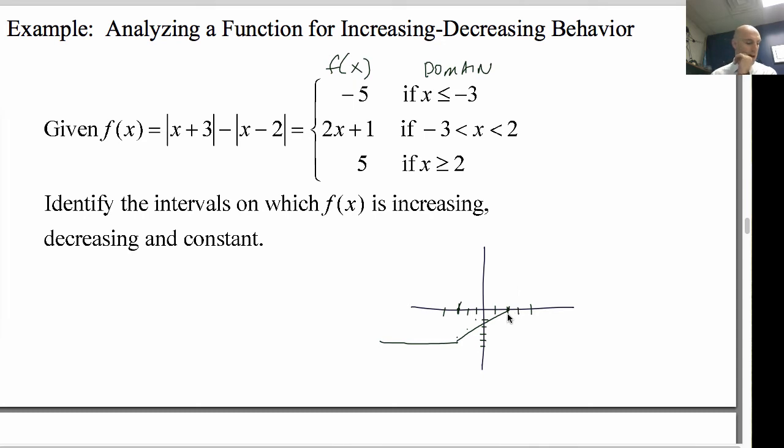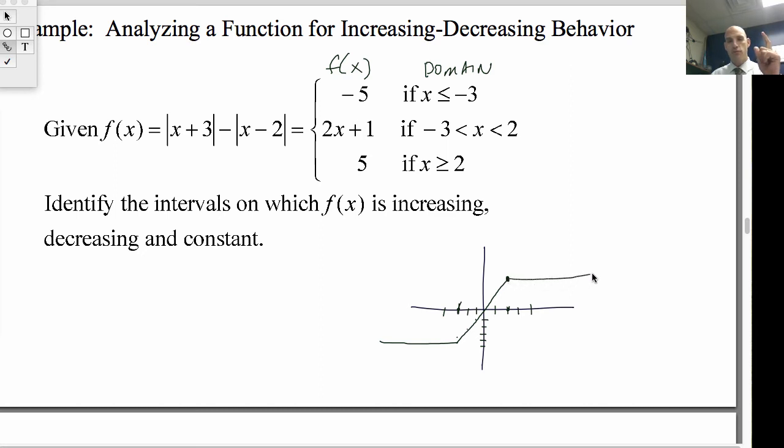I'm sorry, I messed that up. I drew my graph wrong. Should be up 2 over 1, up 2 over 1, up 2 over 1. So this is going to go all the way to 5. Super straight line. And then it's 5 when x is greater than or equal to 2.